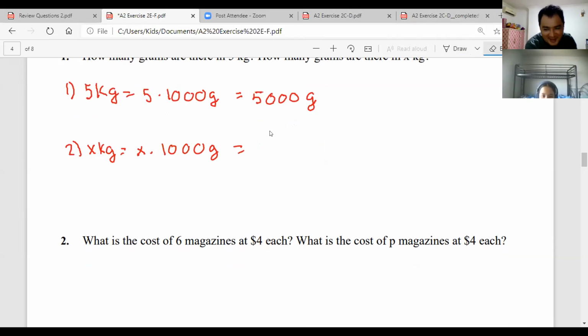It is 1,000x. Because x is a variable, right? It can be a number, it can be 2 or 3 or anything we don't know. It is multiplied by x, right? So it is 1,000x grams. So don't write too close at gram, Shahina. Okay, good.